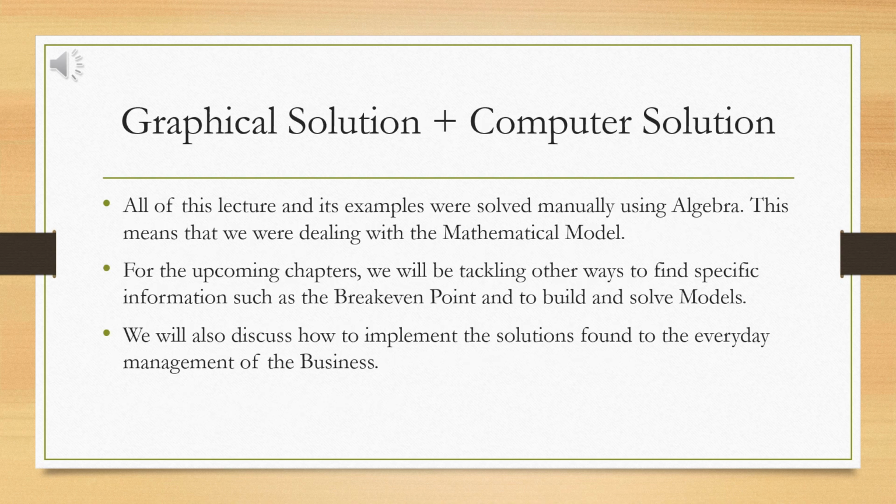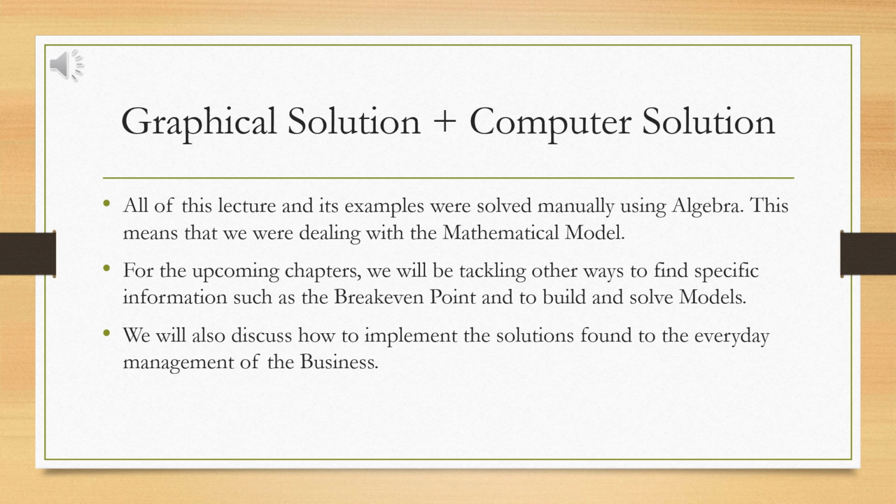All of this lecture and its examples were solved manually using algebra. This means that we were dealing with the mathematical model. For the upcoming chapters, we will be tackling other ways to find specific information such as the break-even point and to build and solve models.